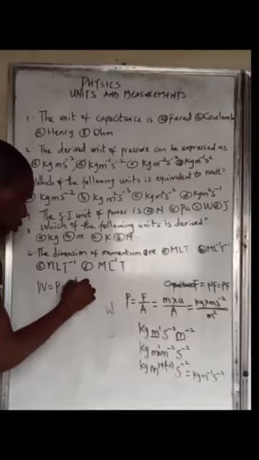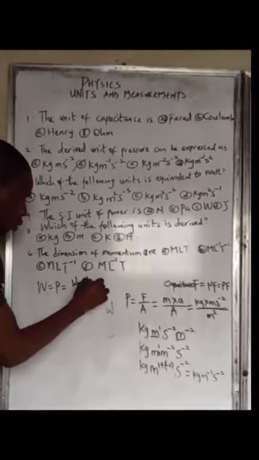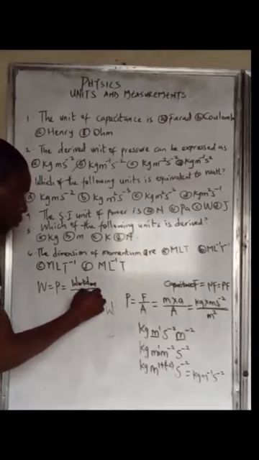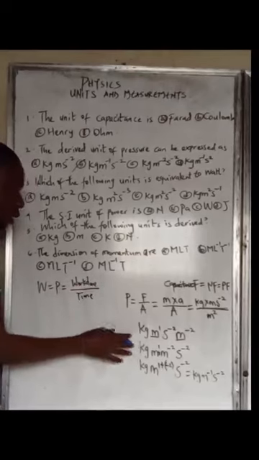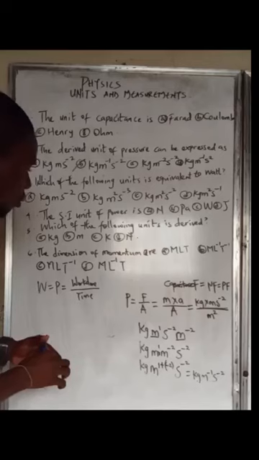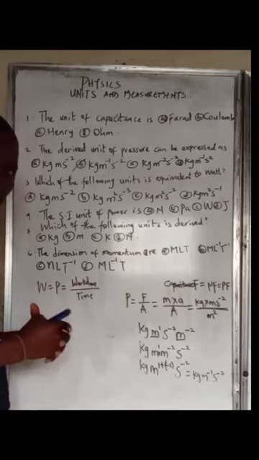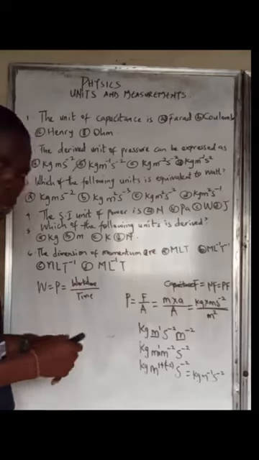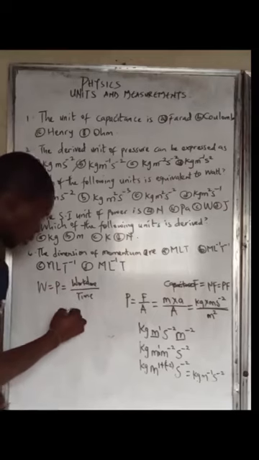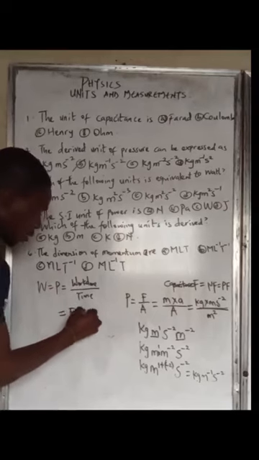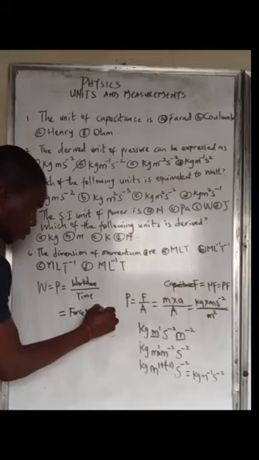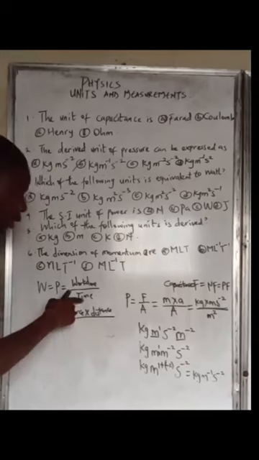And we know that power is work done divided by time. Now, what is work done? What's the formula for work done? Work done is given as force times distance, all over time.